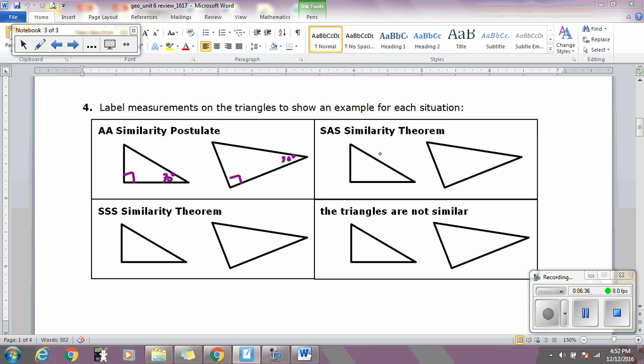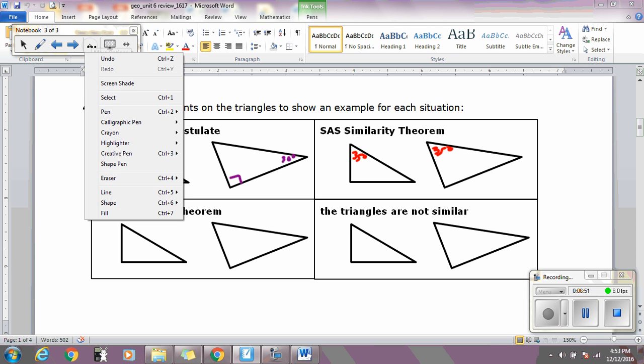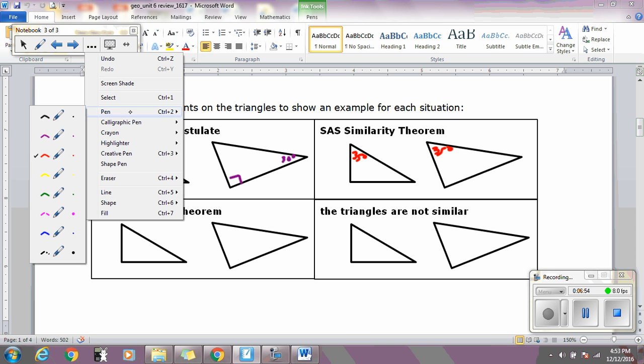For side-angle-side similarity, you need an angle that's included. So for example, I could say this is 35 degrees and this is 35 degrees as well, included between 2 proportional sides.